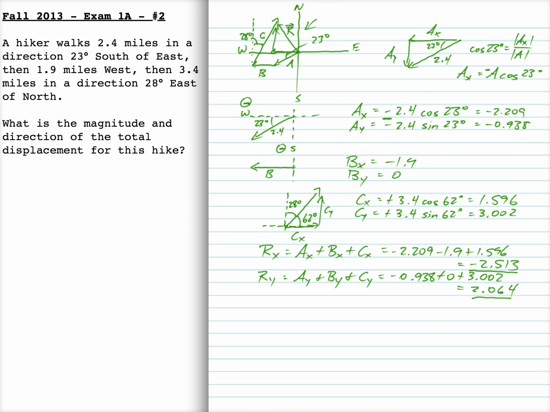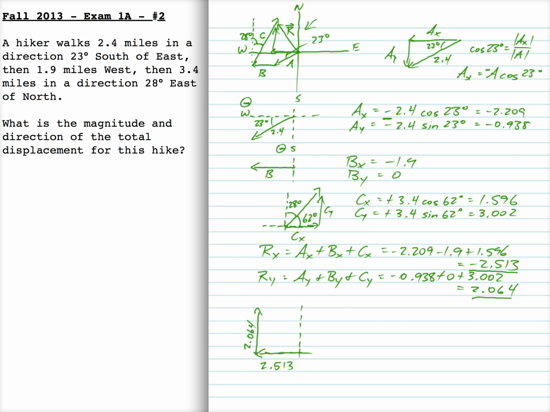So now I need to reconstruct the resultant to finish the problem. I've got Rx, which is 2.513. The negative sign is used in the fact that this points to the left. And then the y component is 2.064.